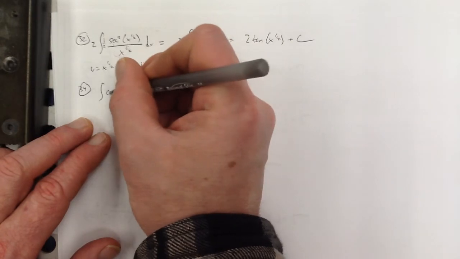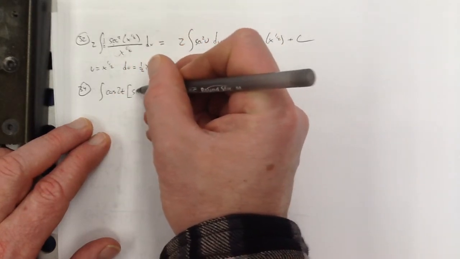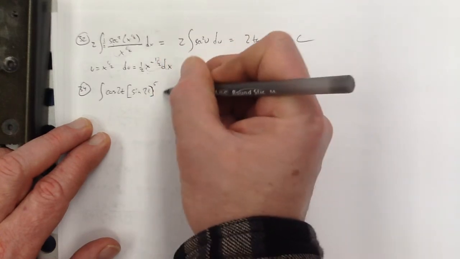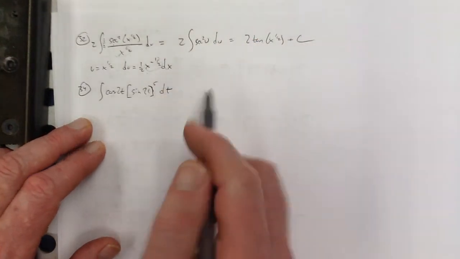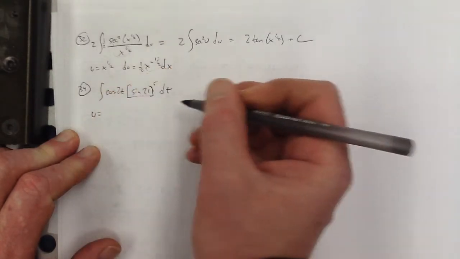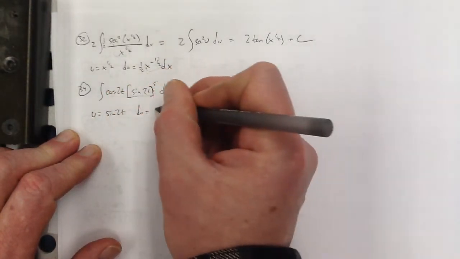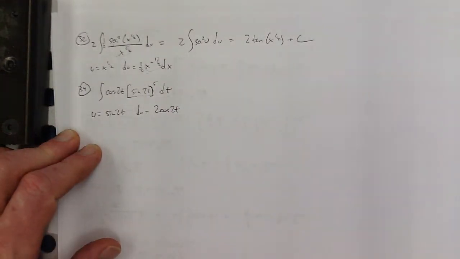If we write it in the more calculus-friendly way of writing it, I think we have pretty clearly our what's inside. So if u is sine 2t, then du is equal to 2 cosine 2t.